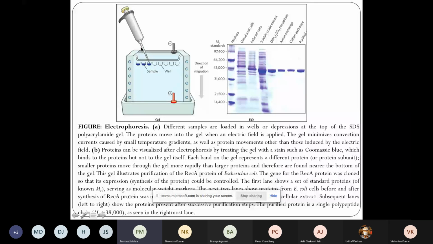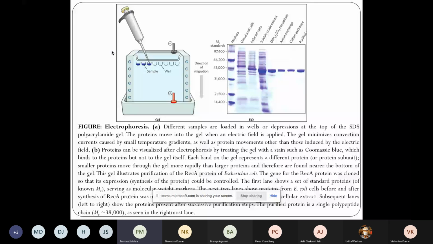And in each well, you can put the protein. So normally, you put something like 10 microgram protein, which can be separated when you run the gel electrophoresis during your experiment. So here, what you do is that you load different samples, and as I have shown you in the previous slides, you can separate the protein based on different techniques.